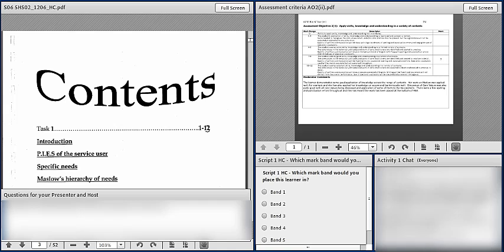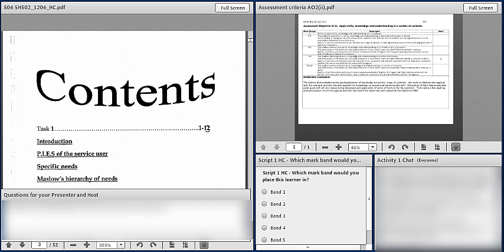When we actually get the right assessment grid up, you will see that it was in actual fact put into Mark Band 5, and it was given just at the bottom of Mark Band 5, and it was given 10 marks. Now, it's not an ideal situation for you here because you're just looking at the care values, and of course, as I've said, the whole of the assessment criterion is also looking at application of knowledge and skills throughout, and so therefore application of the hierarchy, application of needs, etc., will also be taken into account for this particular mark band.